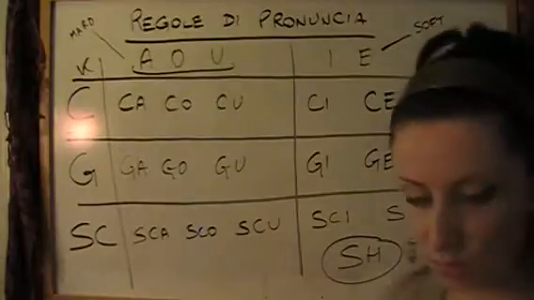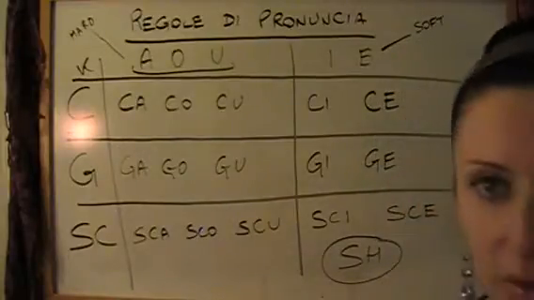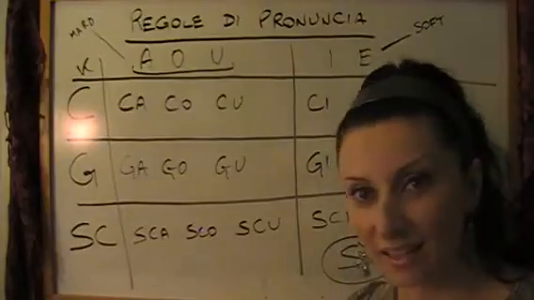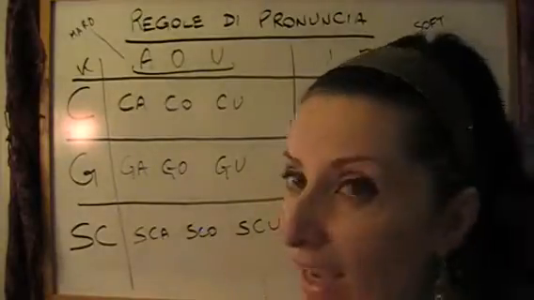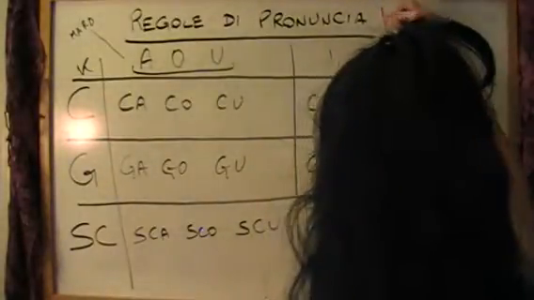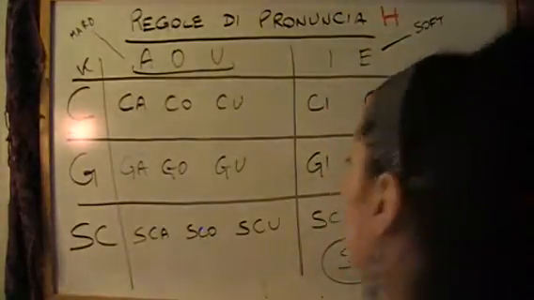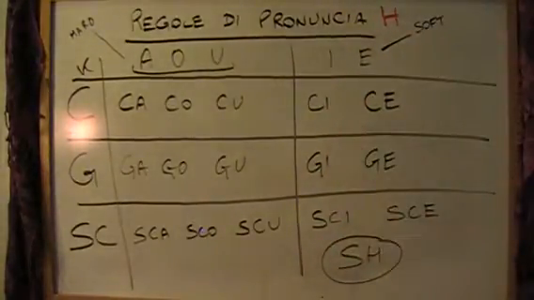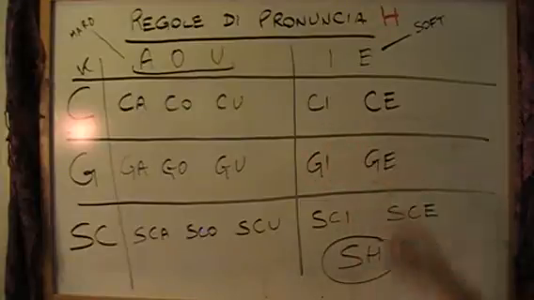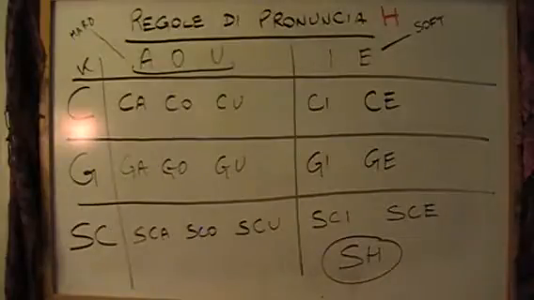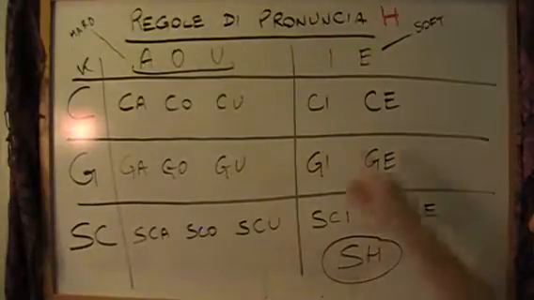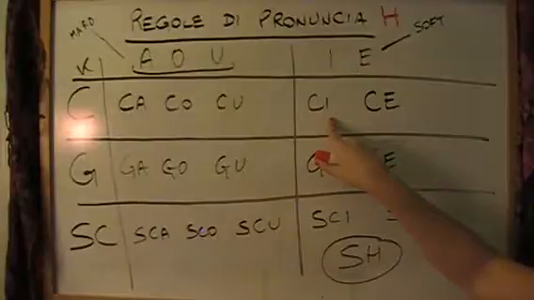There is another thing to say, and it is about H. We call this letter H. For example, here you have a soft sound, chi and che. But what if you don't want to say chi, you want to say ki? You want to keep the sound of this vowel, but you want the sound to be hard.